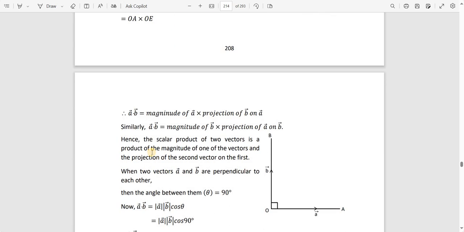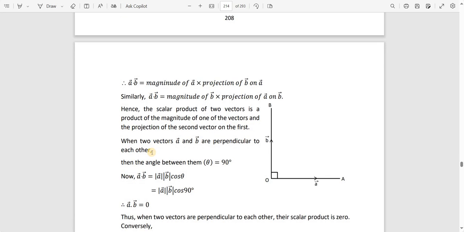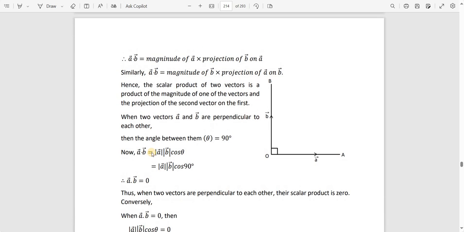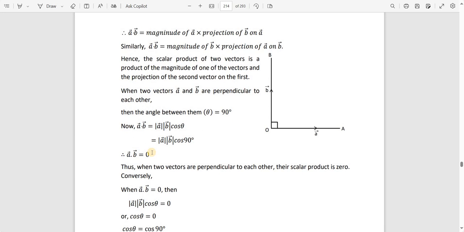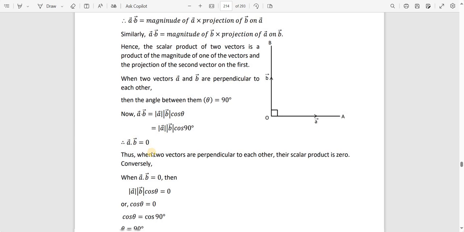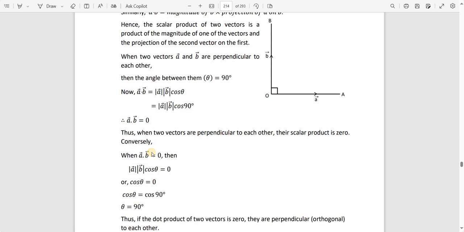Similarly, we can write like this too. So projection of A vector on B, or B vector on A. So since the scalar product of two vectors is the product of magnitude of one of the vectors and the projection of second vector on the first, when two vectors A vector and B vector are perpendicular to each other, the angle between them is 90 degrees.